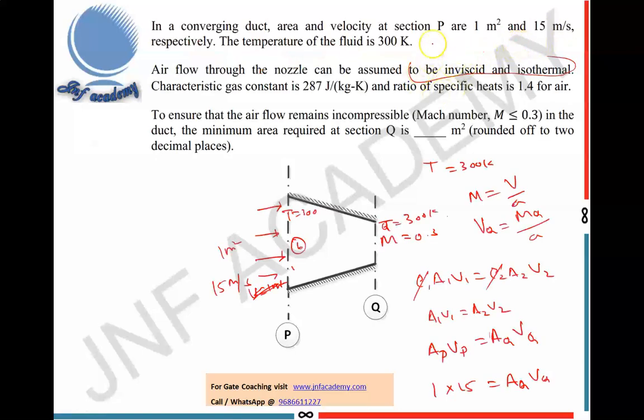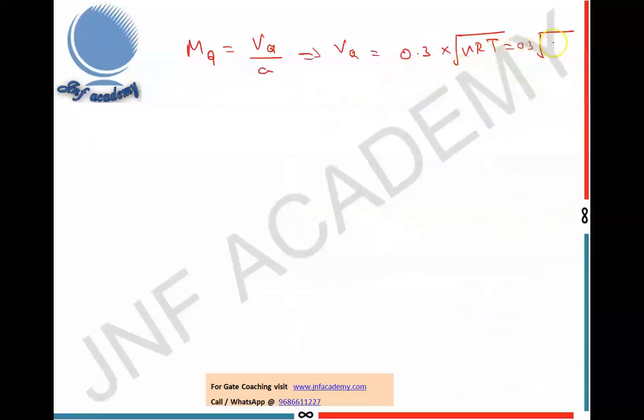All the values are given: gamma is 1.4, R is 287, and the temperature is 300. So 1.4 into 287 into 300, with the root over everything.